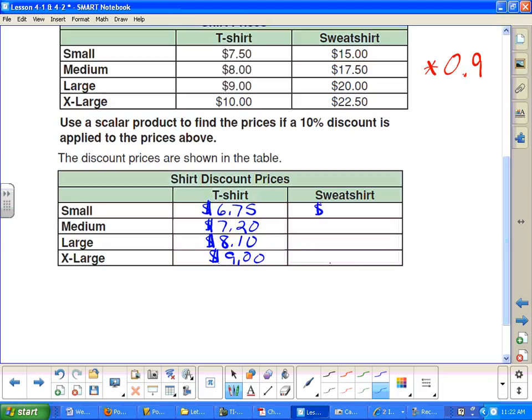This would be 1350. 1750, 90% of 1750 is 1575, right? Right, Megan? Let's see, what's 10% of 1750? $1.75, right?